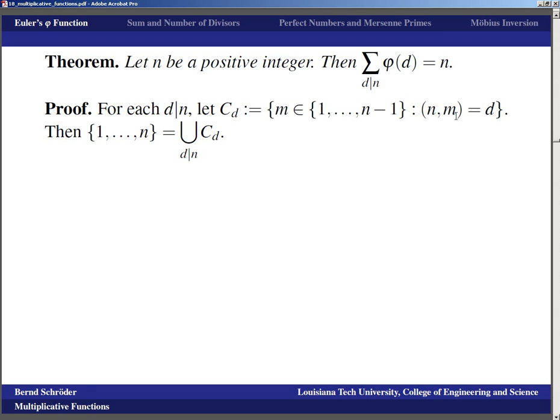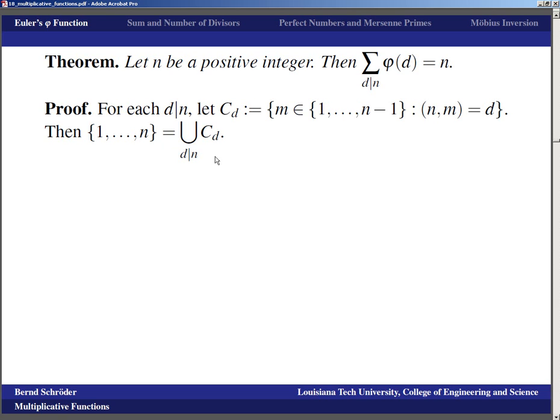All right, so let's see. Take any number smaller than n, that would be a number m. And that number m has a greatest common divisor d with n, and so it's in one of the c sub d's, right?